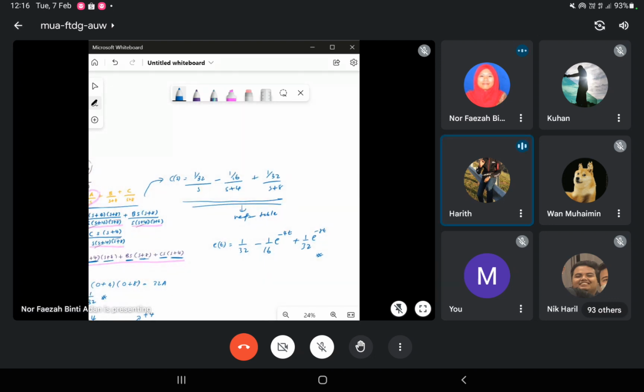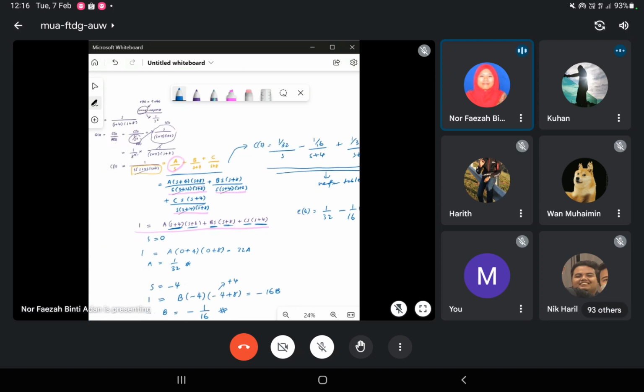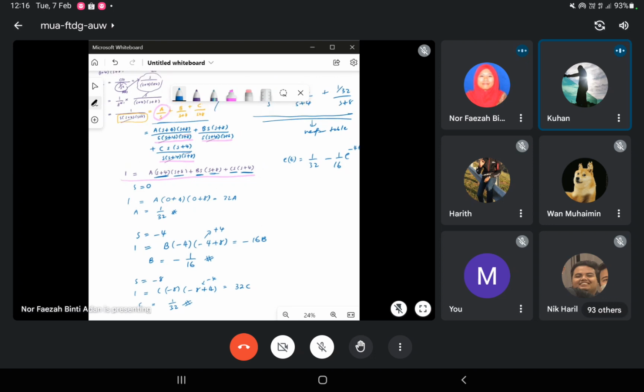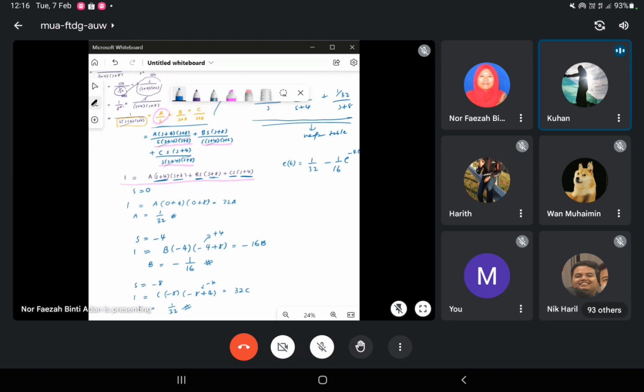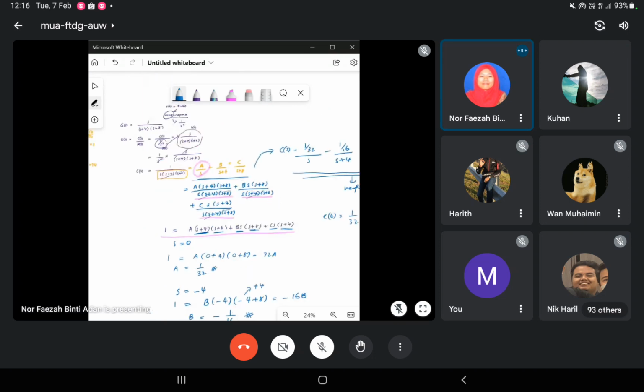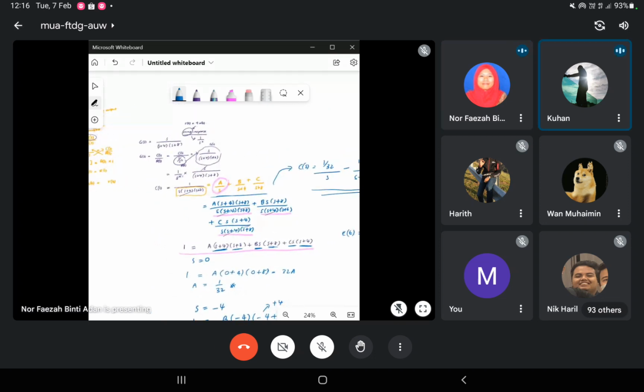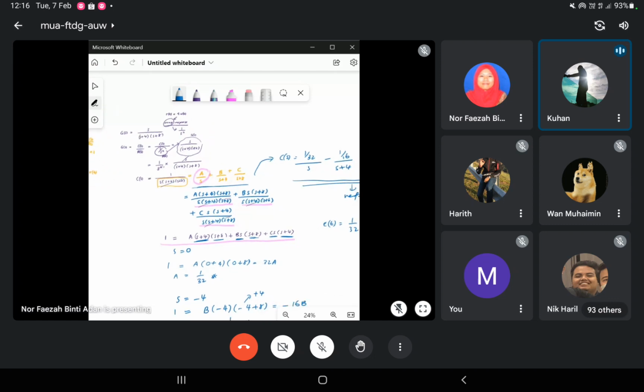Tak ada, dah faham. Alright, so Madam, boleh send screenshot yang ni tak? Kat atas tu. Mana nak send ni? Part dekat yang GS equals to 1/S square tu.